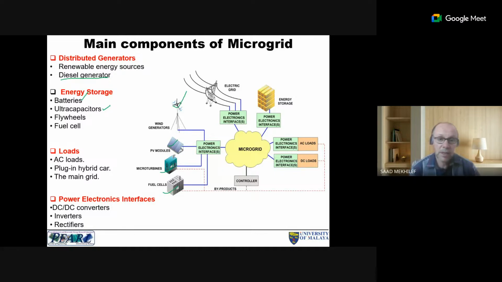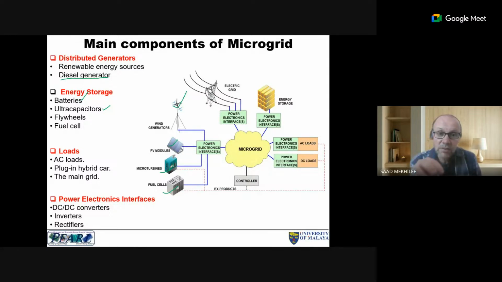One of the applications of ultracapacitors is electric vehicles, especially Formula One racing cars. Electric cars use a lot of ultracapacitors because they are very fast. They can give a large amount of energy very fast. They can discharge very fast.